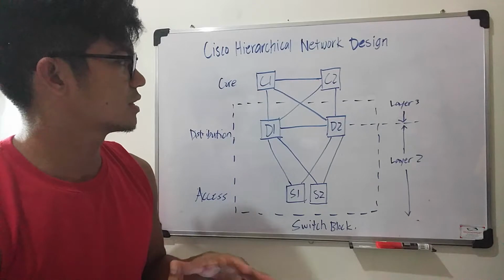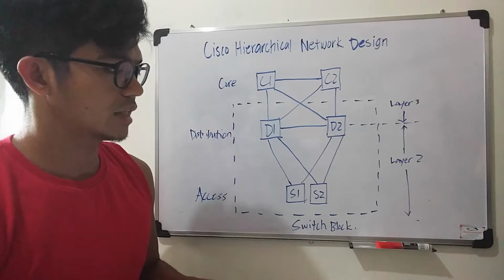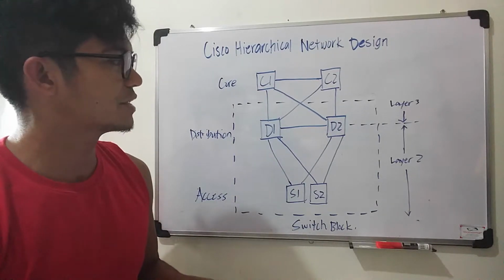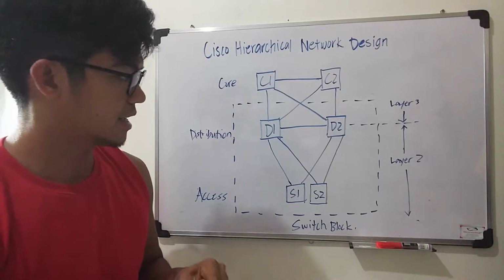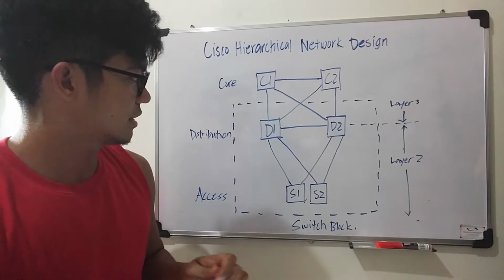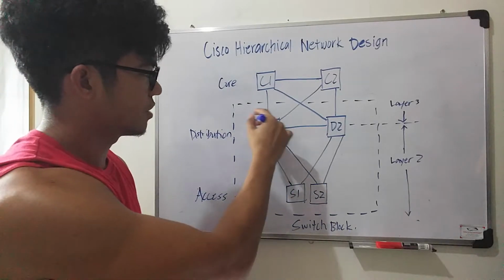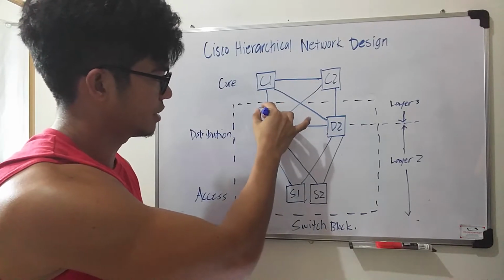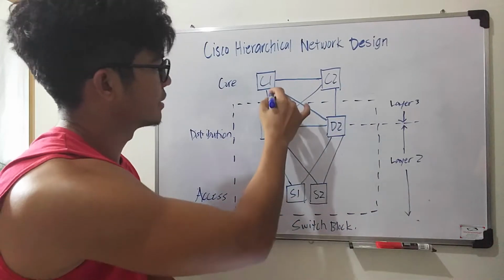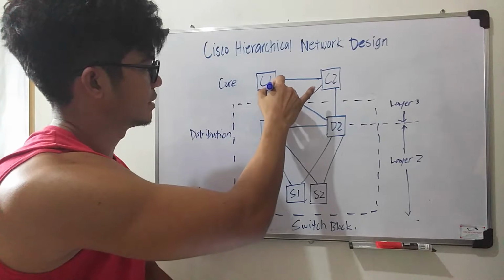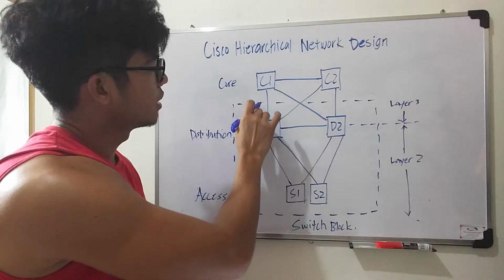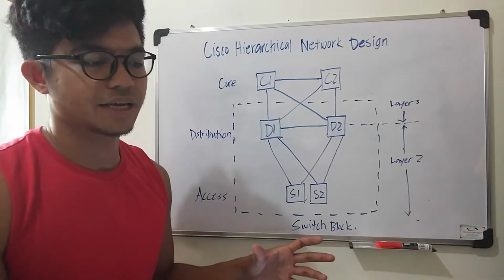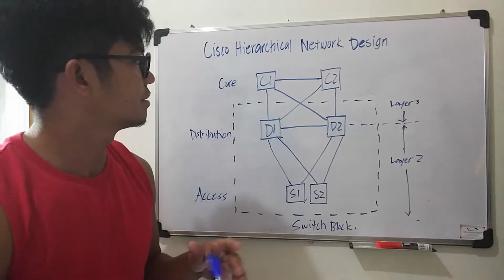Based on my experience, I actually have seen a network where all of this here is layer 2, and it's like a router on a stick.